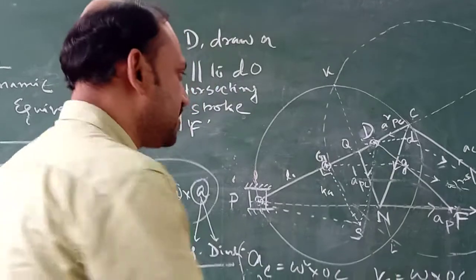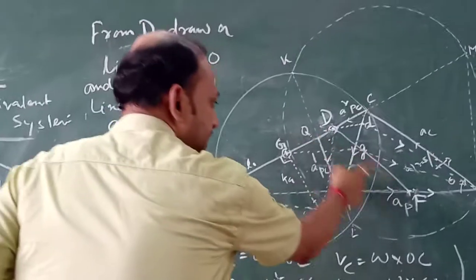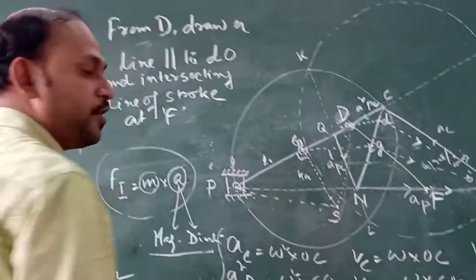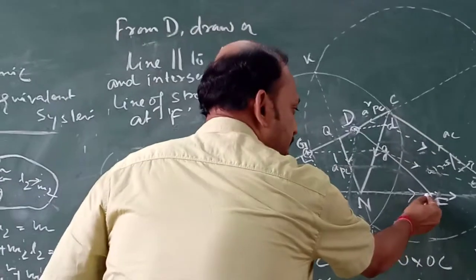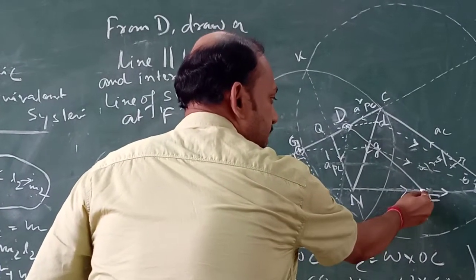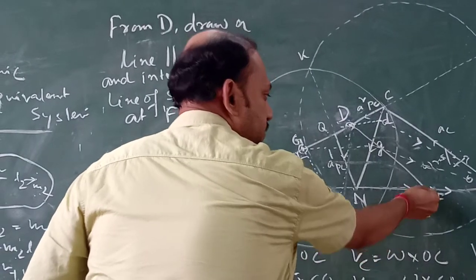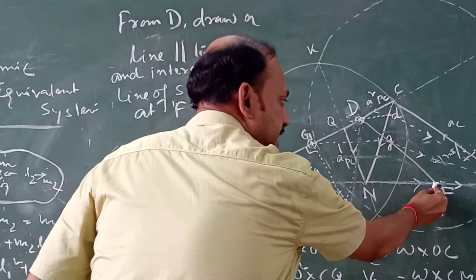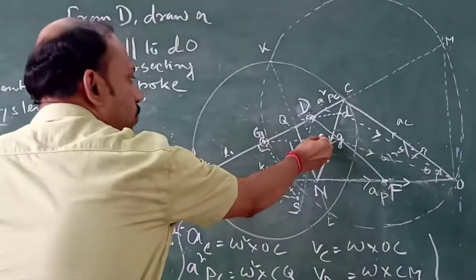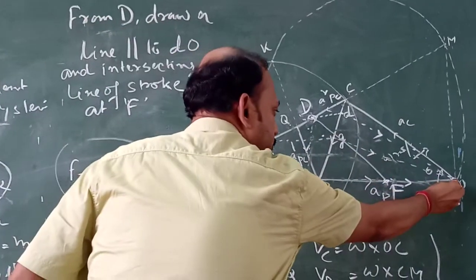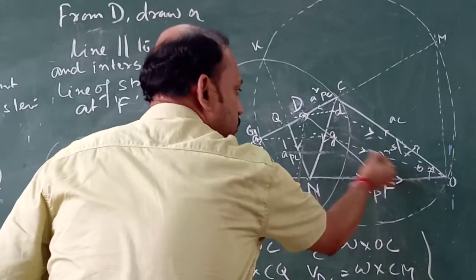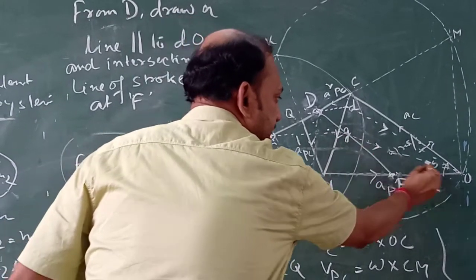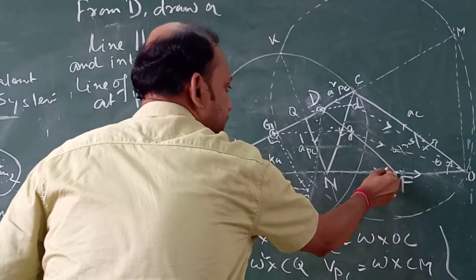So when DF and PO get intersected at the point F, with respect to point F we have to draw a line parallel to OG. We have to draw a line parallel to OG in the reverse direction, that means parallel to this line in the reverse direction.